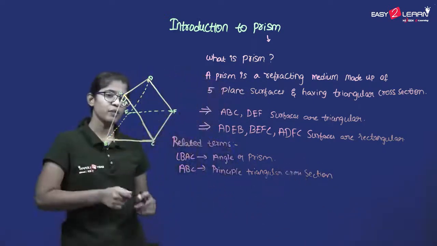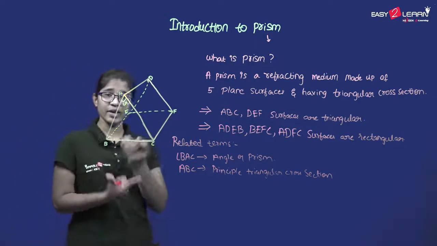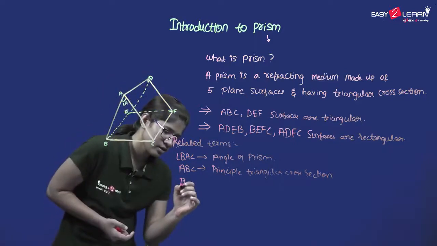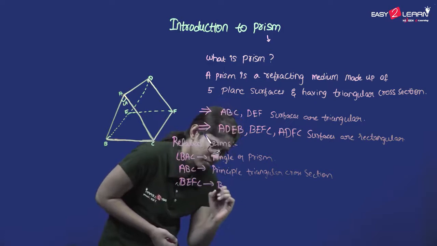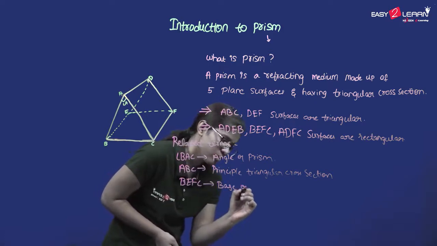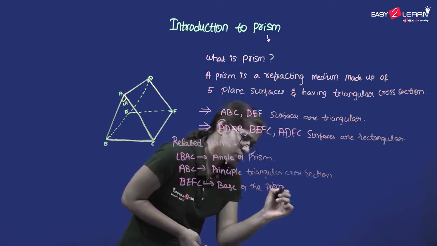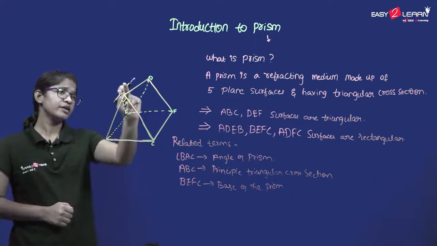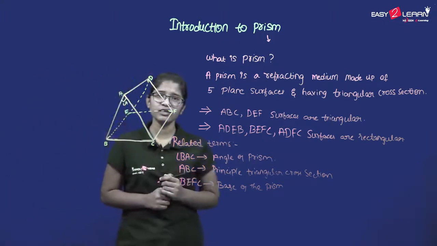If we look here, BEFC is nothing but the base of the prism. Now we are left with ADCF, which is called a refracting surface.